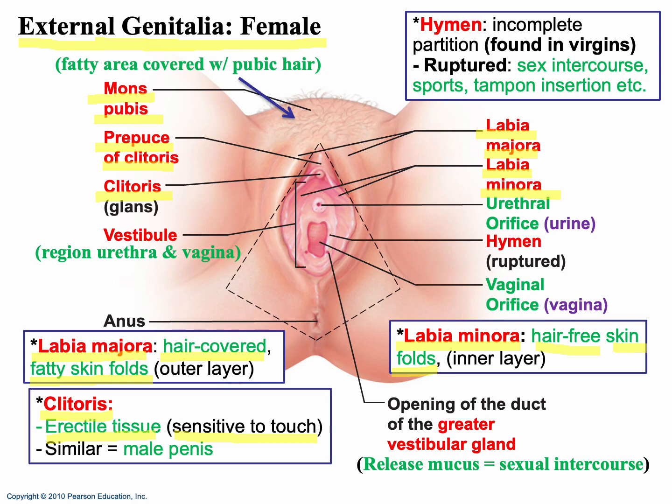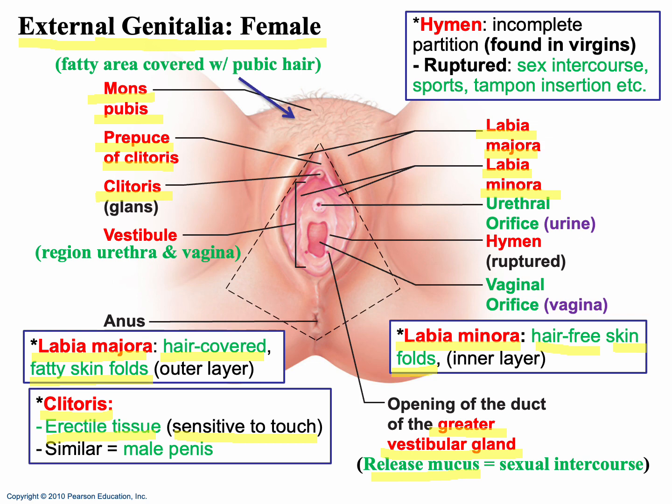Other additional structures to know, we have what's known as the greater vestibular gland. The importance of this gland is that it contains a lot of mucus. There's a bulb actually connected to it and it will release mucus during sex.